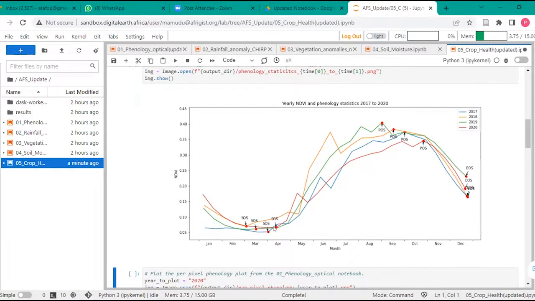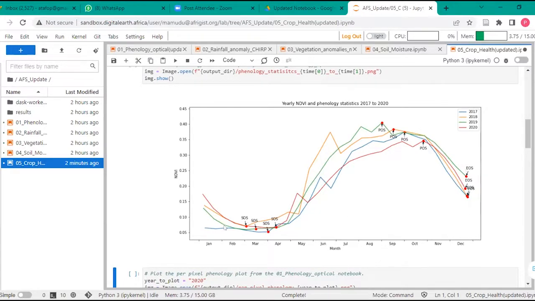We see that in 2020, we had the latest start of season, the latest peak of season as well as the latest end of season. 2017 had the earliest start of season. 2019 had the highest peak of the season. And the end of season was basically the same for all of them.